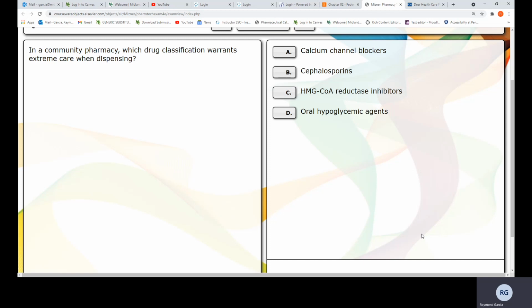In a community pharmacy, that's retail pharmacy, which drug classification warrants extreme care when dispensing? I guess you would have to know the drug classes and calcium channel blockers.